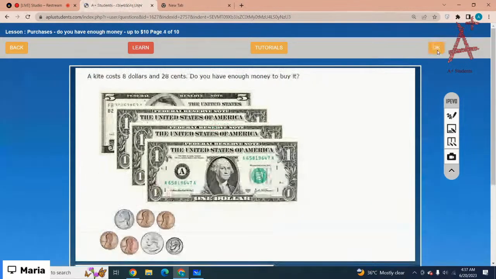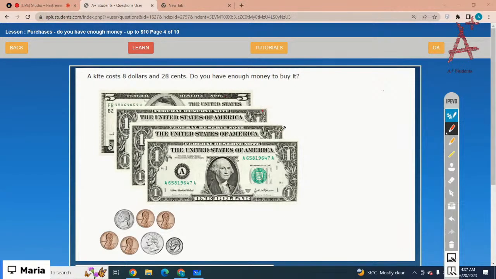Okay, the next one is a kite that costs $8.28. Do you have enough money to buy it? Let's look at the amount. You have a $5 bill and a $3 bill, so that is $8. Now you have to count the coins. You have a quarter, and you can count a quarter by 25.